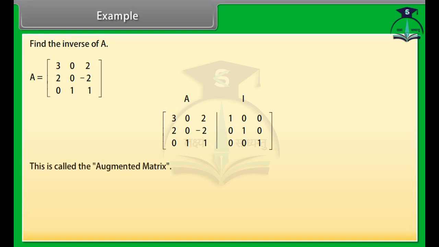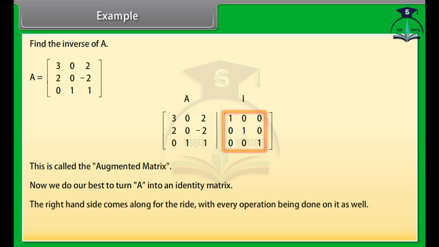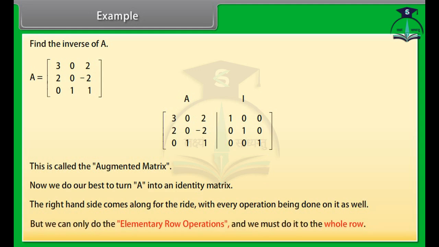This is called the augmented matrix. Now we do our best to turn A, the matrix on the left, into an identity matrix, and the right-hand side comes along for the ride with every operation being done on it as well. But we can only do the elementary row operations, and we must do it to the whole row.